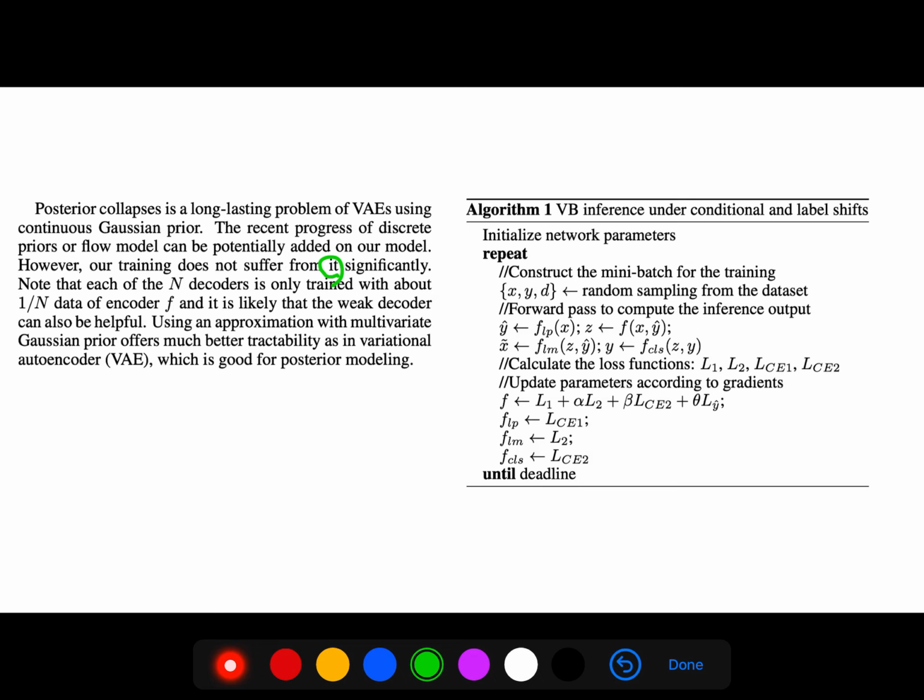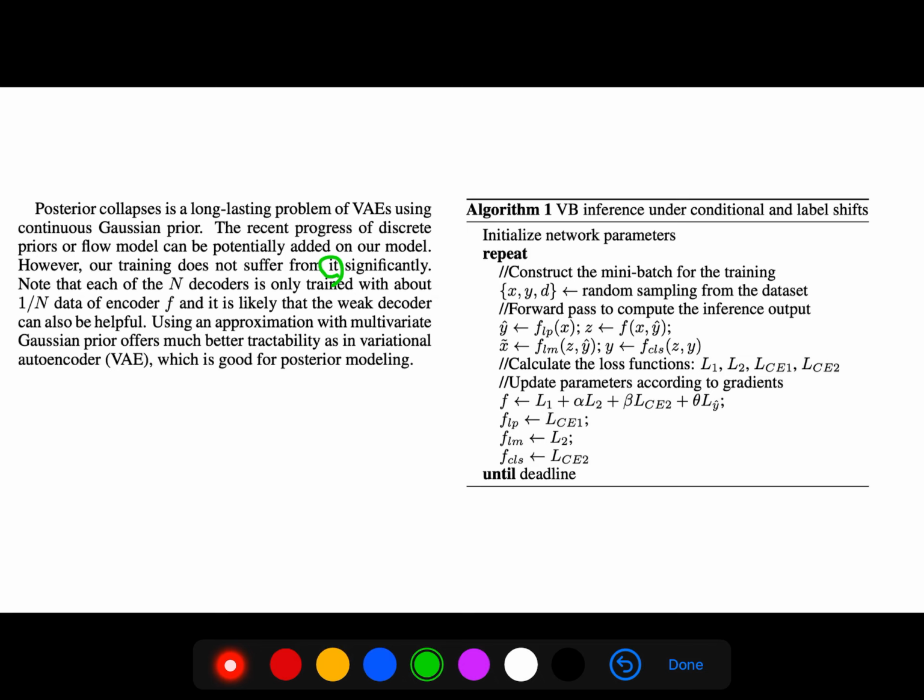Note that each of the n decoders is only trained with about 1 over n of the data of encoder F, and it is likely that the weak decoder can also be helpful. Using an approximation with multivariate Gaussian prior offers much better tractability as in variational autoencoder, which is good for posterior modeling.